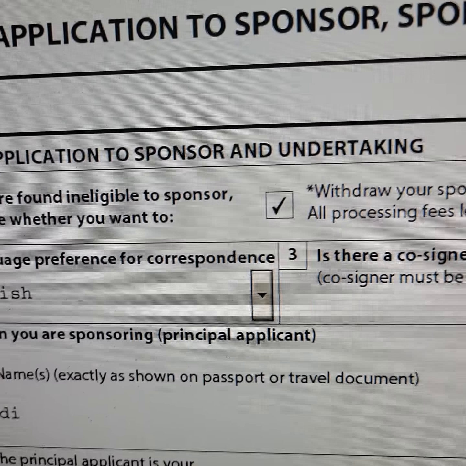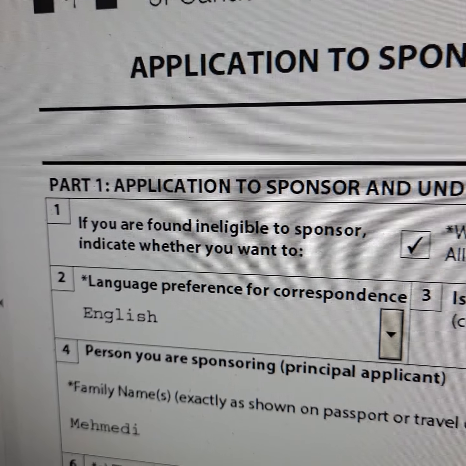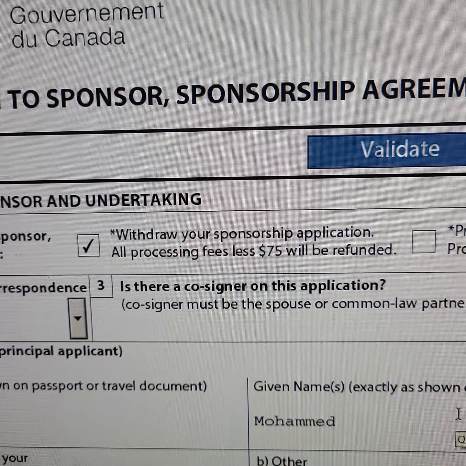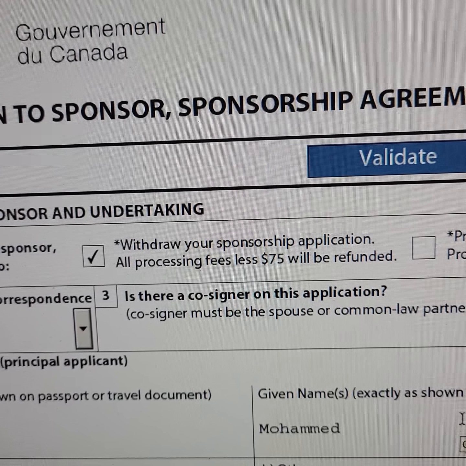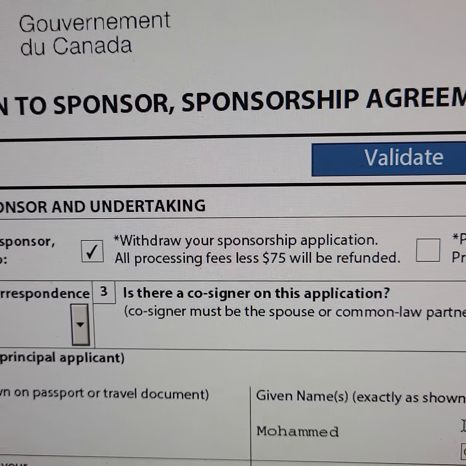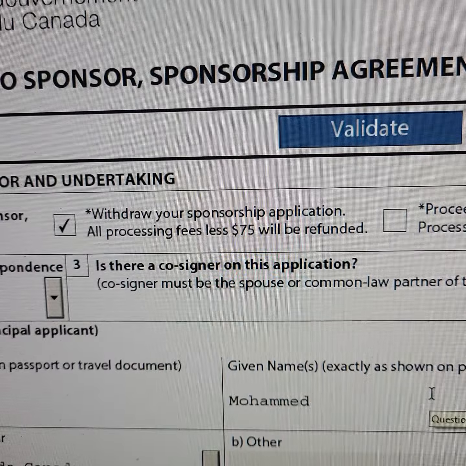So the first question is right there. It says if you're found eligible to sponsor, indicate whether you want to. Once you give the application to IRCC, they will see if you're eligible to be a sponsor or not.